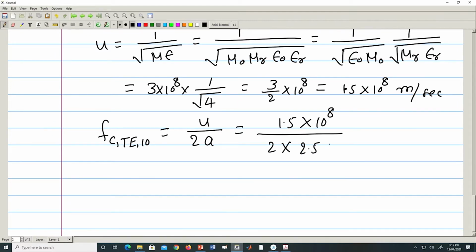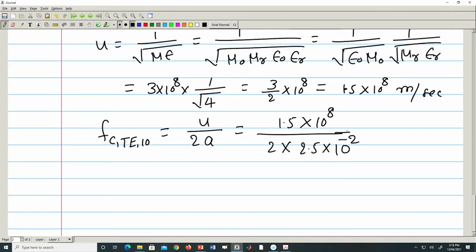Fc for the TE10 mode, after calculation, will be 2.55 and then 10 will go, then 3 gigahertz.